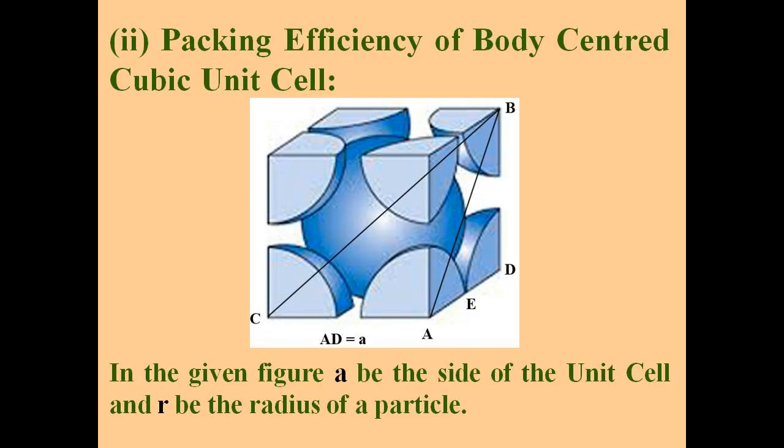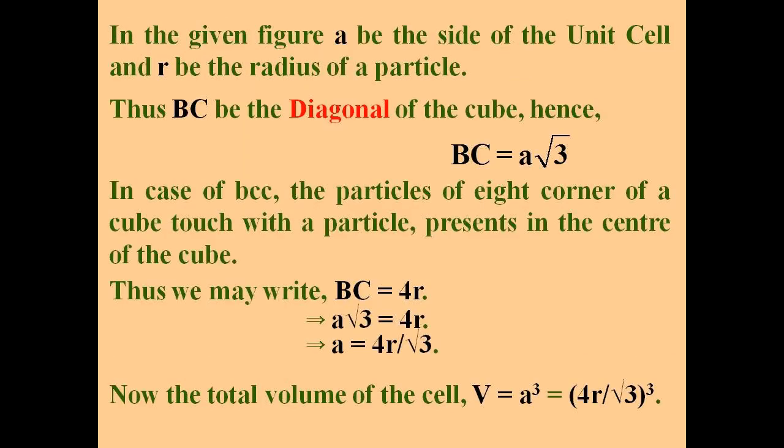Now we have to calculate the packing efficiency as well as void per cell for a BCC lattice. In the given figure, the side of the cube is considered as a and the radius of the particle is considered as r. Thus BC is the diagonal of the cube, so BC equals a root 3.